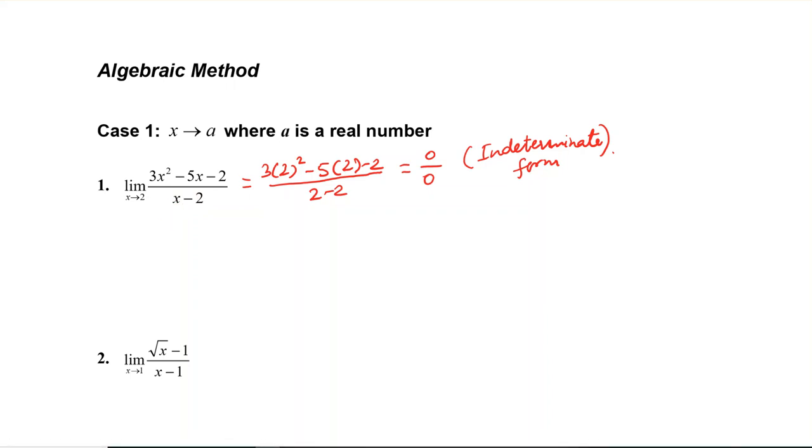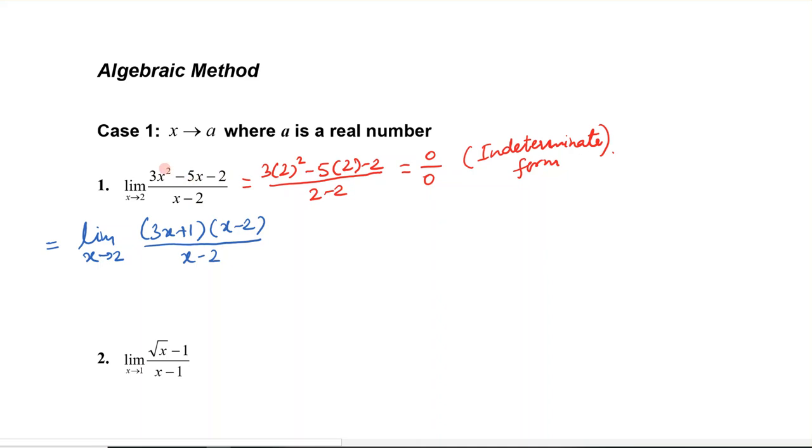When I factorize the numerator, I get 3x plus 1 times x minus 2, which is equivalent to 3x squared minus 5x minus 2. And in the denominator, we have x minus 2.